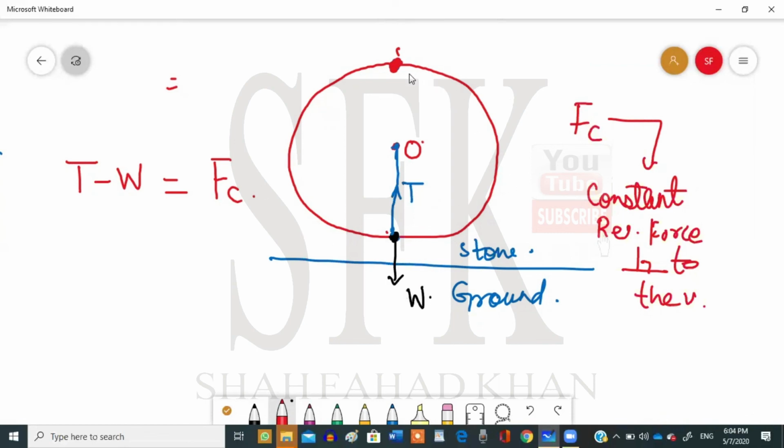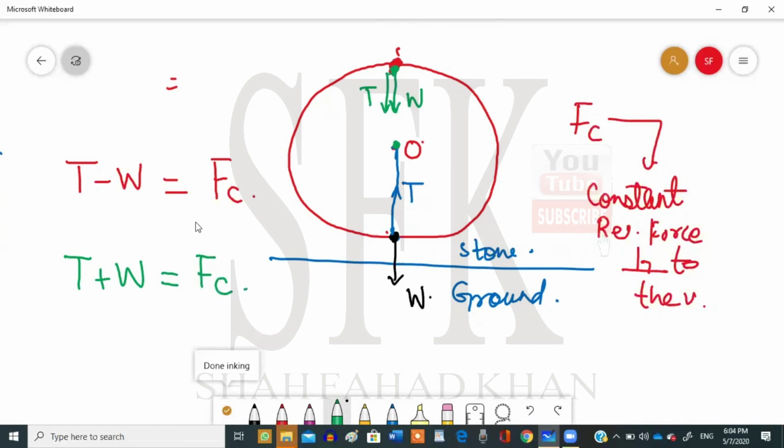And then after it moves to the maximum position over here, at this maximum position, the weight acts downwards, and the tension in the string also acts downwards, right? Both of them are acting downwards, so what's going to be their resultant? Both of them act towards the center, so their resultant is tension plus weight, because they are both acting in the same direction, and their sum is going to equal the centripetal force.